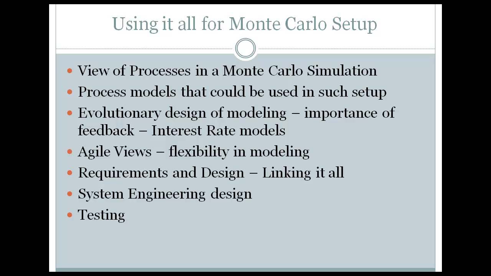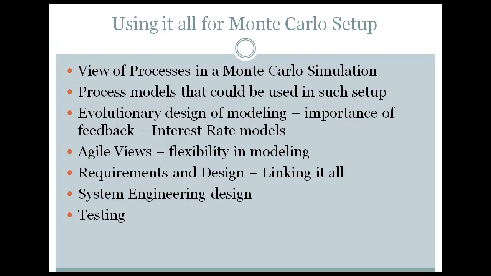You can think of this as you keep on evolving as per the requirement changes. Then you have agile technologies that talk about flexibility in modeling. Then you have requirement and design, where you can link them. System engineering talks about how the input and output interface and the processing would look like. So input would be like past data, output would be like future data, and things like that.